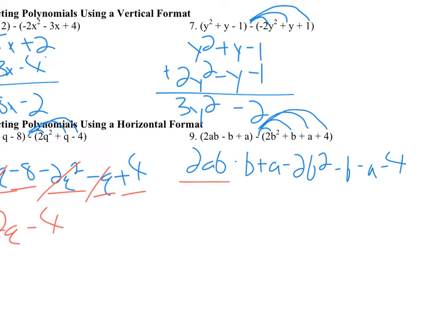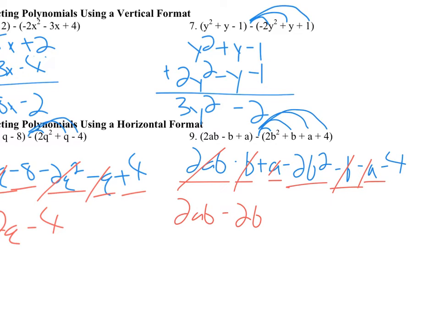I have a 2ab. Is there any other 2ab? There is not. So then we just write that down. Then I have a b and a b, and negative b and a negative b is a negative 2b. I have an a and an a, so 1 minus 1 is 0, so my a's just go away.